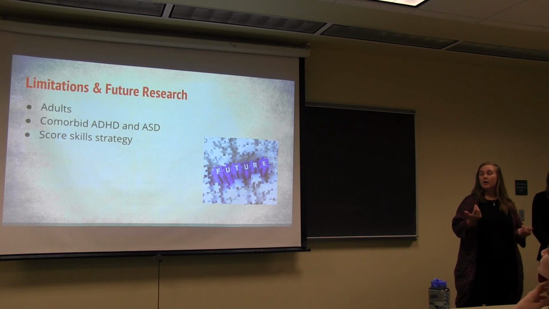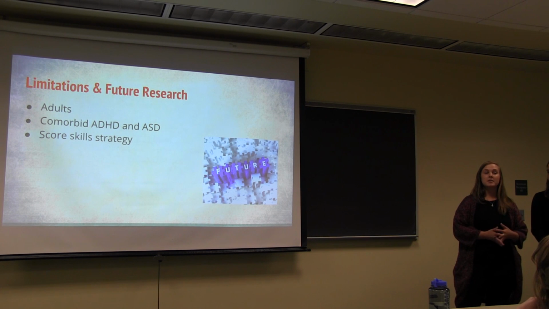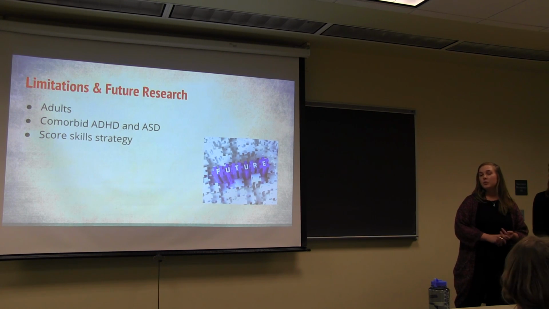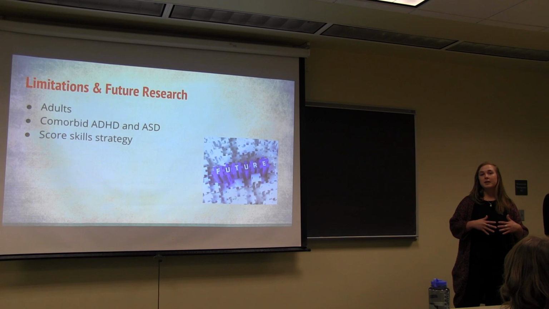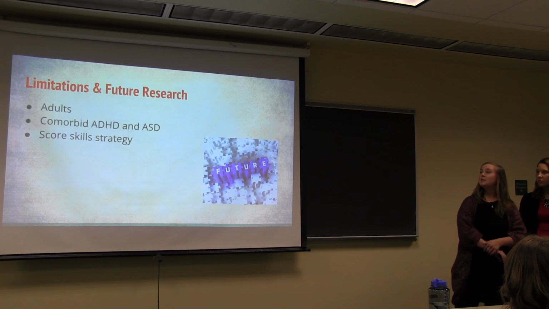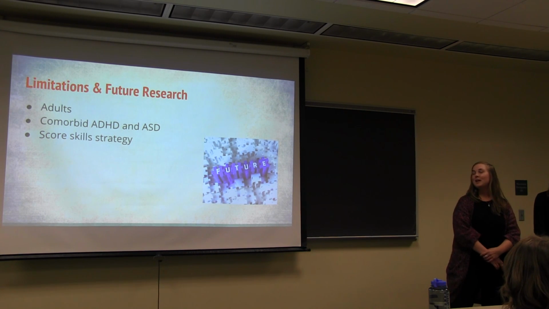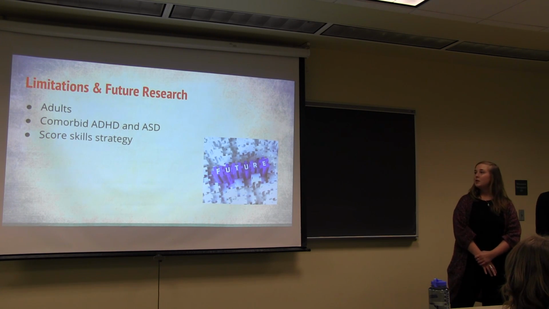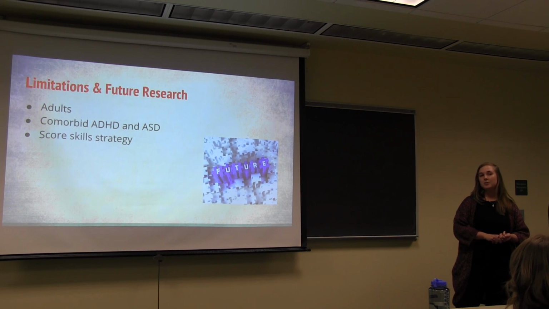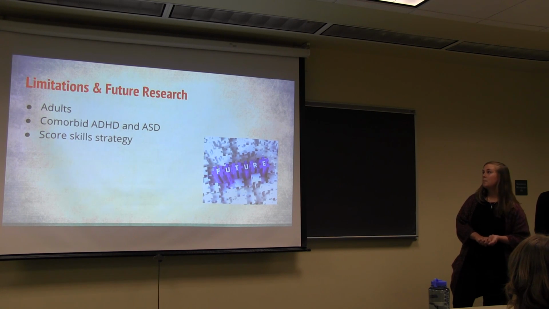Another limitation that Colleen mentioned earlier was finding studies with participants with comorbid ASD and ADHD. So again, we researched both those avenues separately and combined findings. And lastly, like Kristen mentioned, we had a hard time finding research with the SCORE skills strategy approach. So we also consider this a limitation because it was a part of our PICO question.